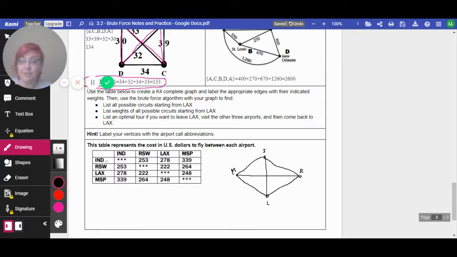Starting at Indianapolis, to go to RSW is 253. To go from Indianapolis to LAX is 278. And to go from Indianapolis to MSP is 339.